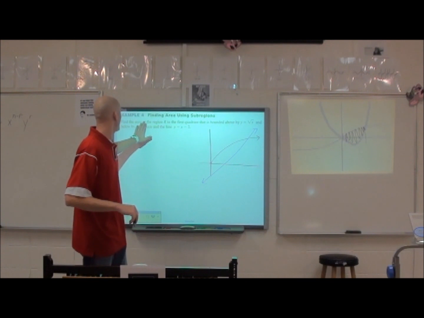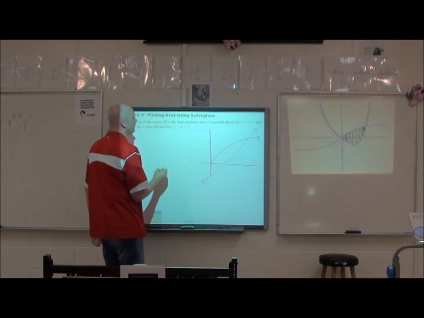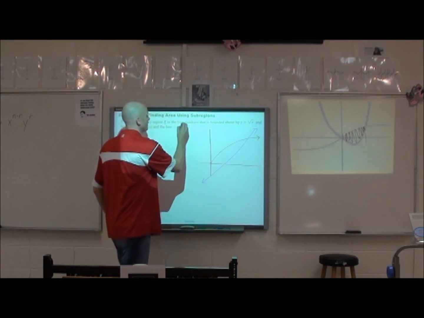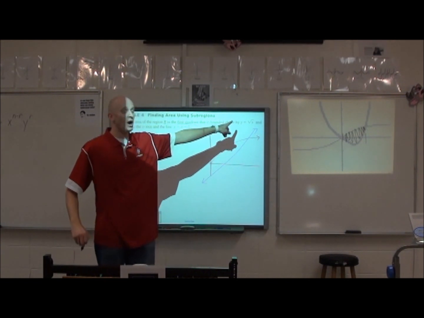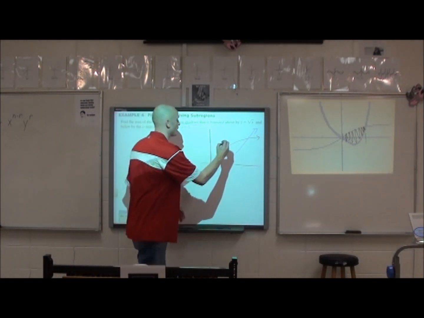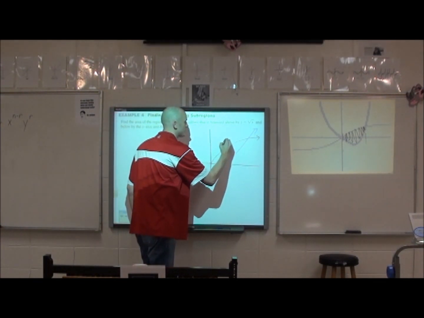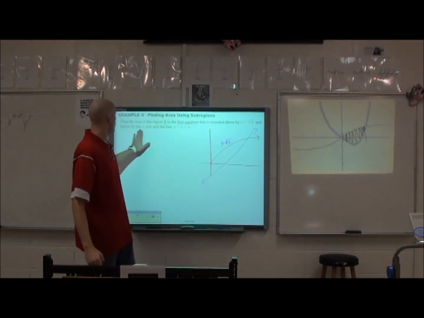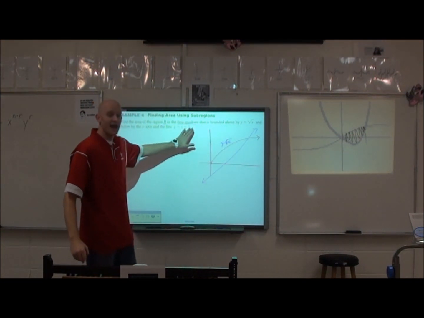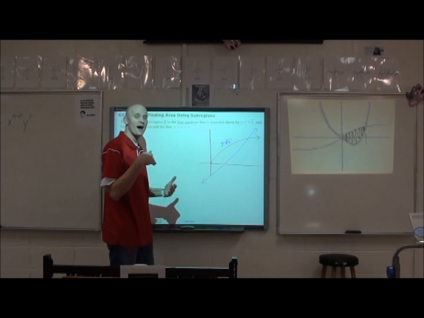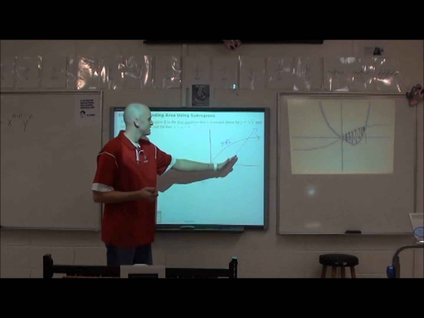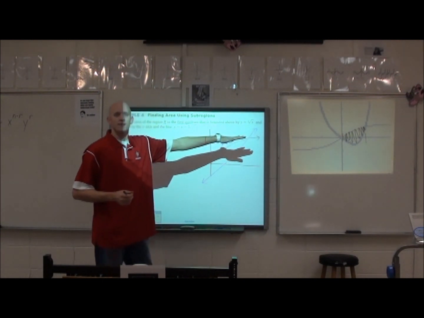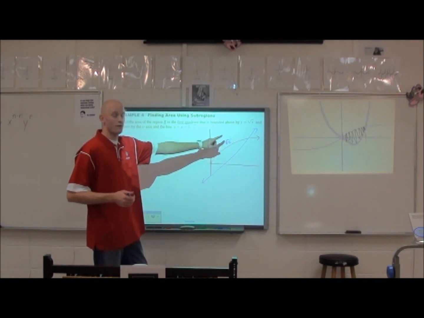And we want to find the area of the region R in the first quadrant that is bounded above, meaning that is the top curve, square root of x, and below by the x-axis and the line. So we're bounded by the x-axis, this line, and the square root function.